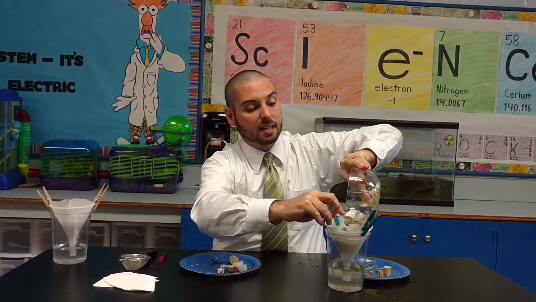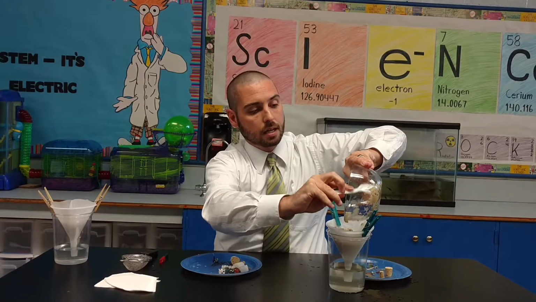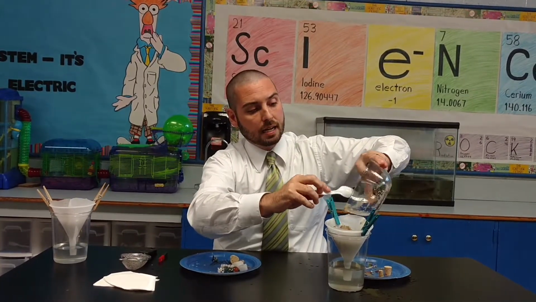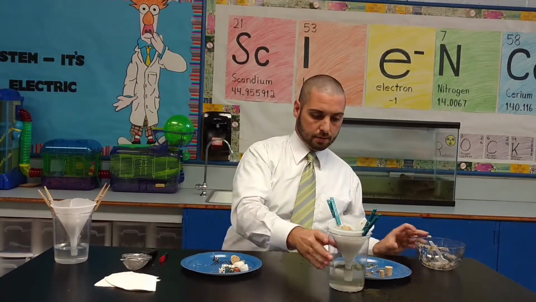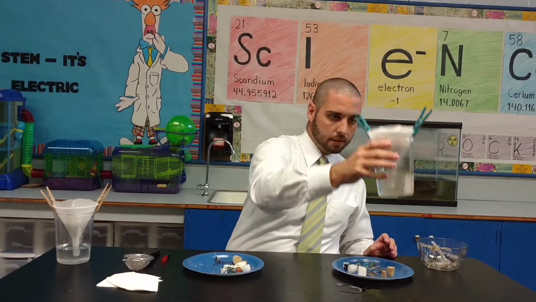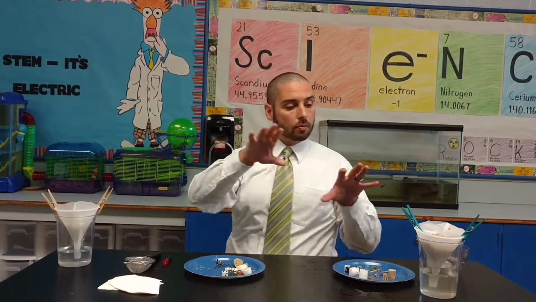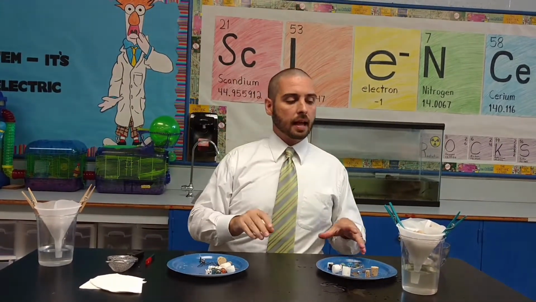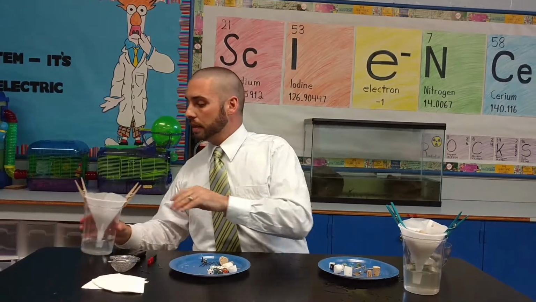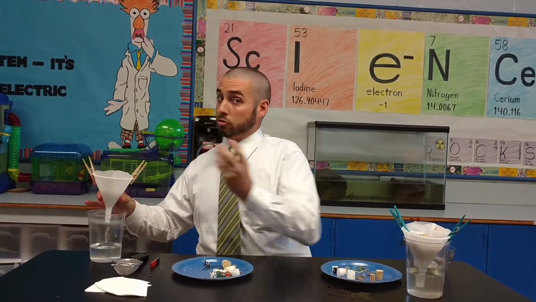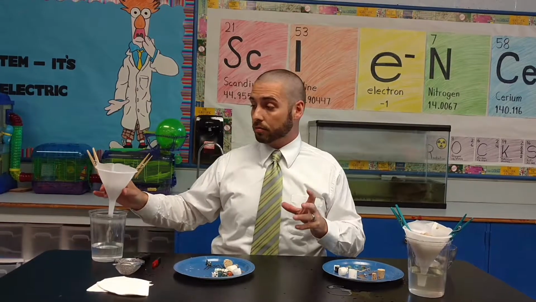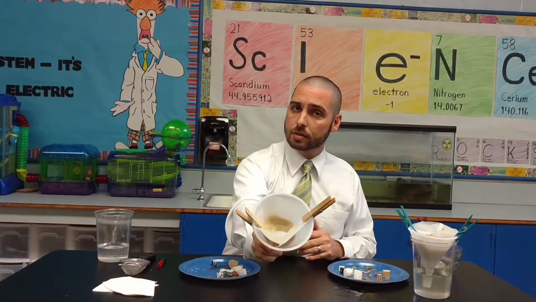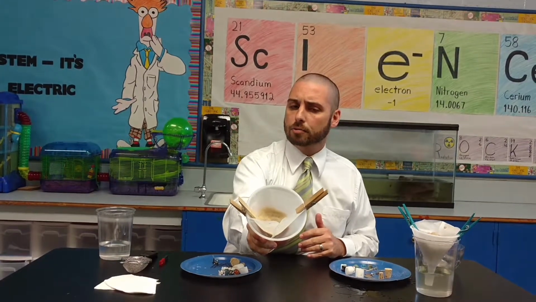And it's not going to be an immediate success, but over time, what we will find, of course, is that gravity will slowly pull that water down, and the sand, because the filter paper will be able to trap it and prevent it from passing through, we will have a successful separation of our sand and our water.